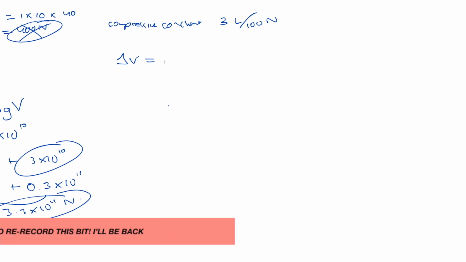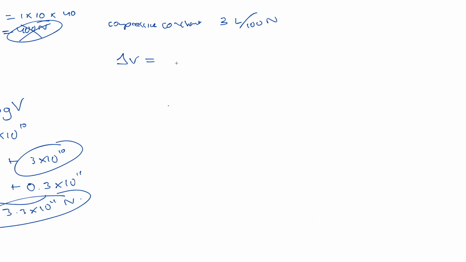And so then I just have to work out the change in the volume of the vessel. And the way that I can do that is I can just multiply the force by this compressive constant. And the reason why I know I can do that is because the units are in litres per newton. So if this is in newtons, then the newtons are going to cancel, and then I should get litres like this.